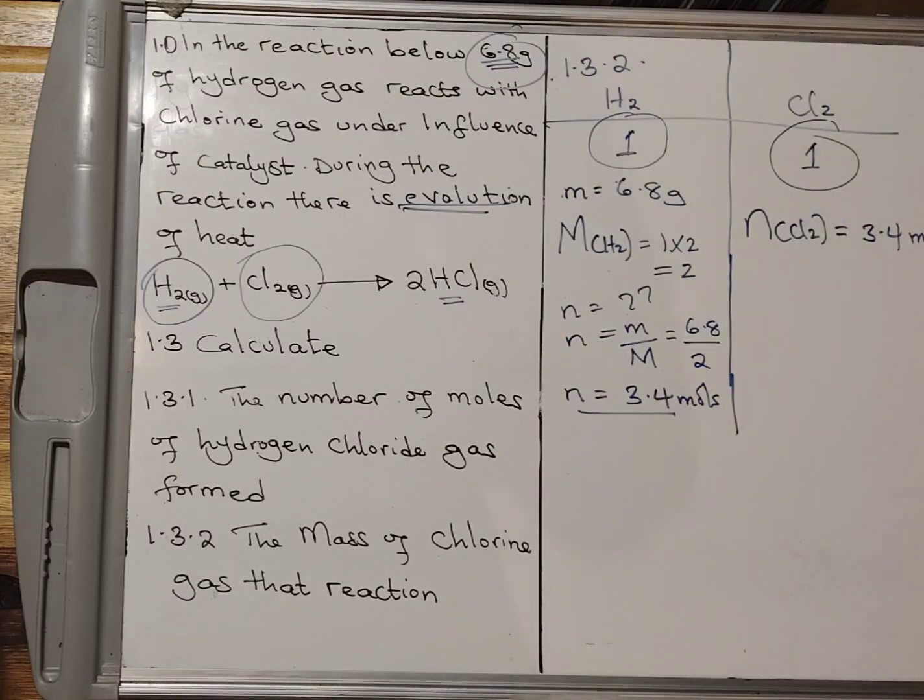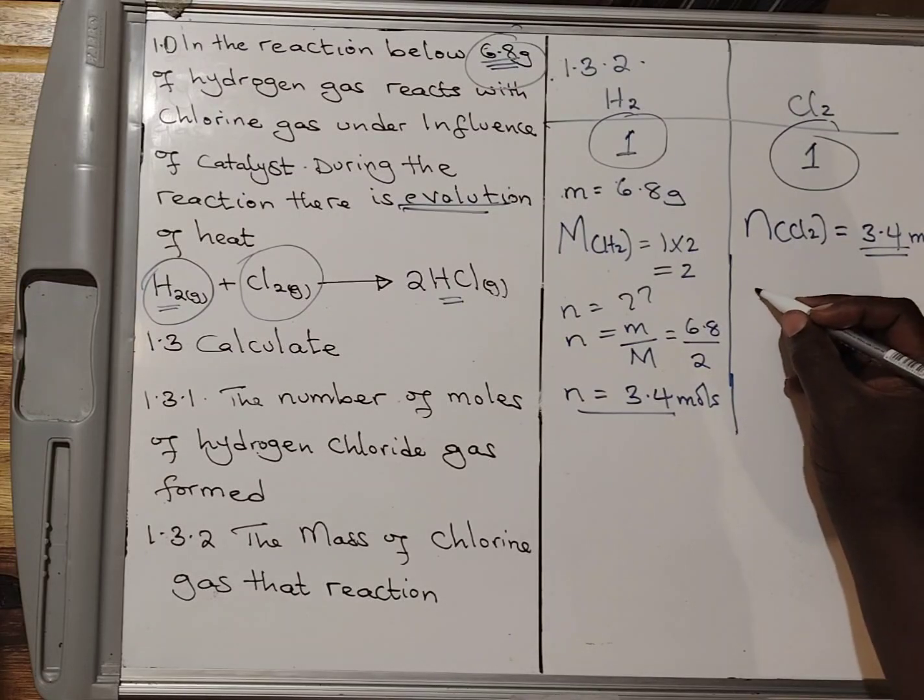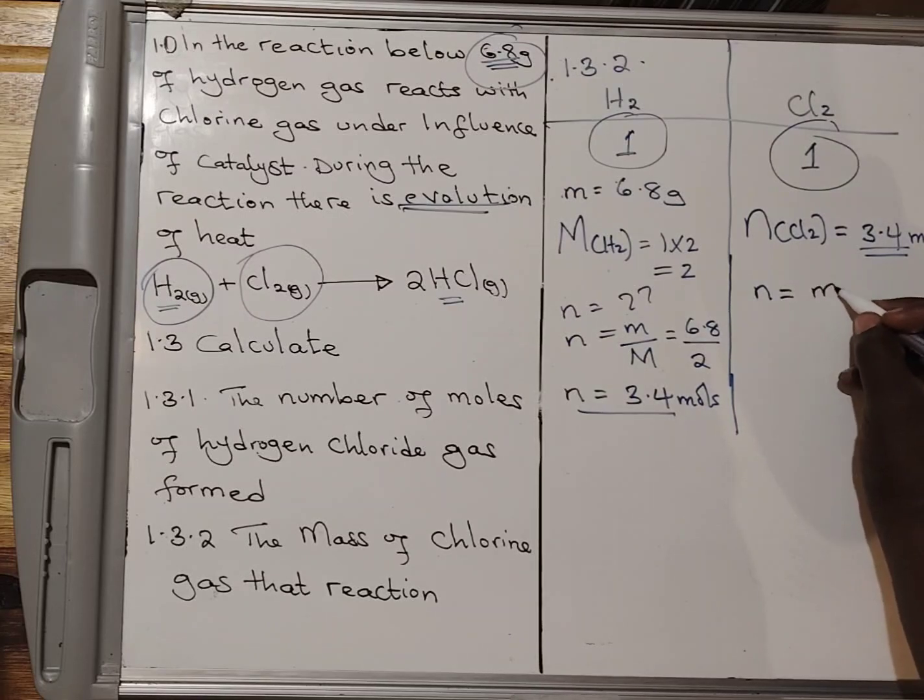But the question says calculate the mass of chlorine gas that reacted. So you have moles. Your intention is to convert it to mass using our known formula. The formula says that N is equal to M over molar mass.